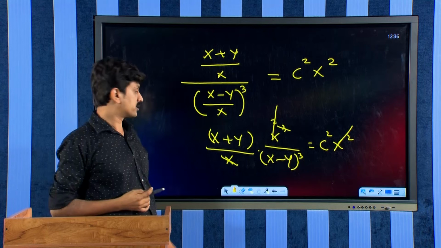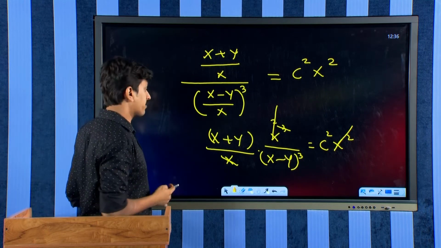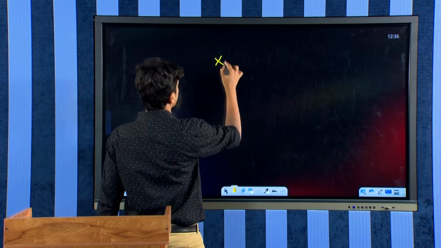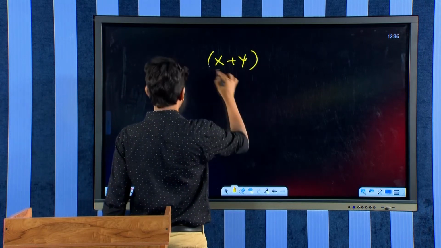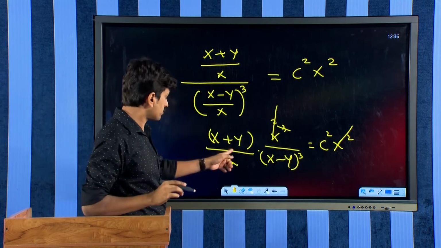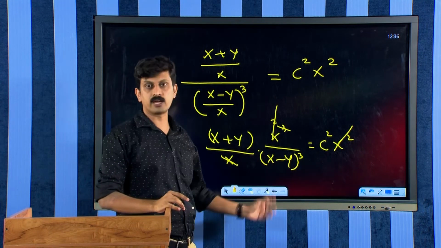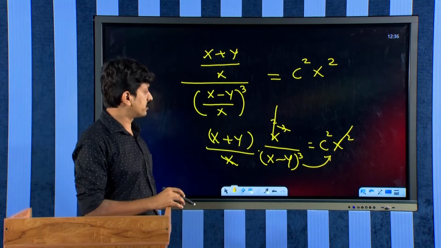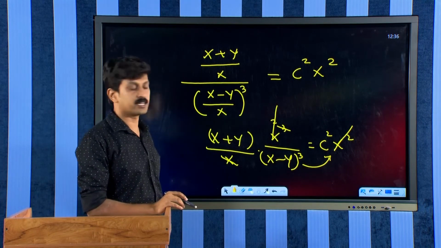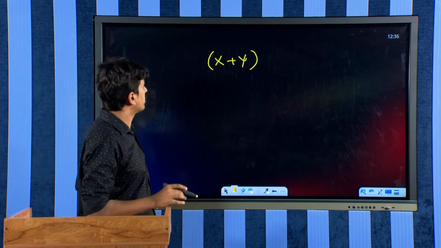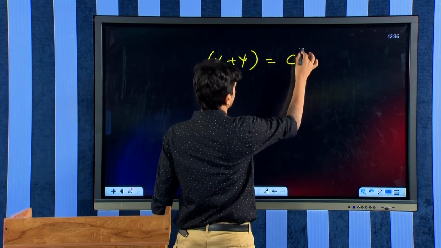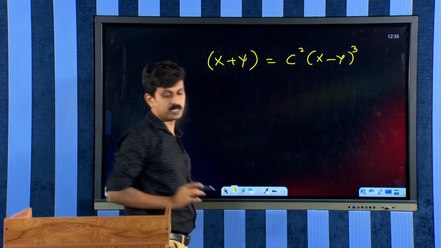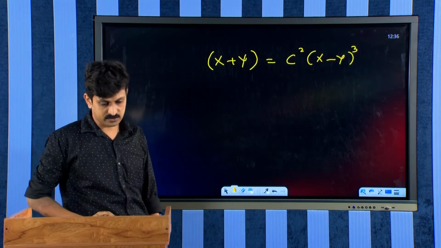Therefore, finally, we will have x plus y equal to c square into (x minus y) whole cube. We just took x minus y whole cube to the opposite side in the right hand side.